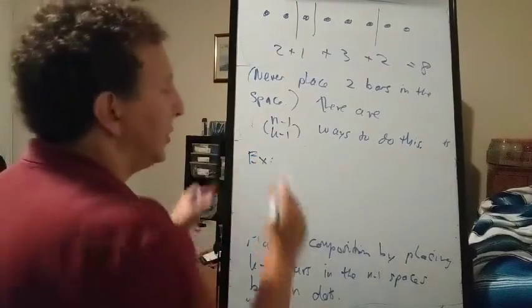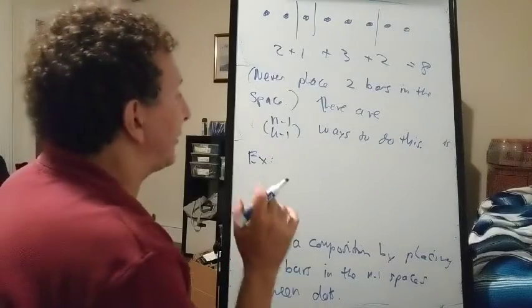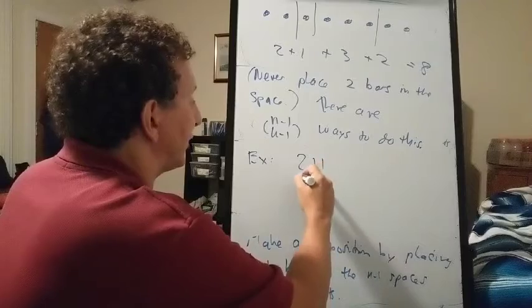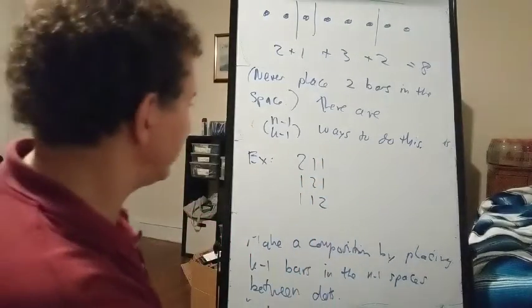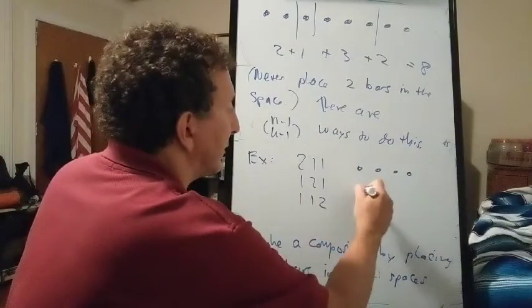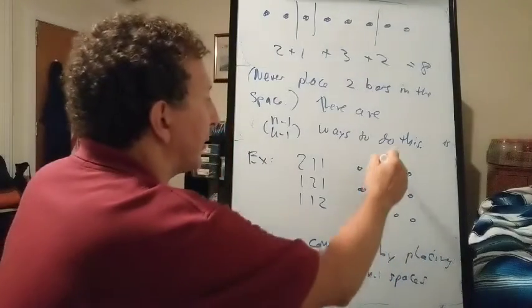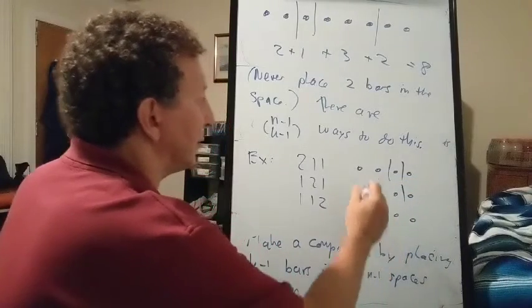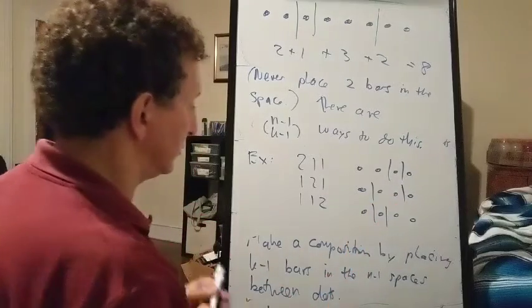So there's n minus 1 choose k minus 1 ways to do this. Now in the example, we were breaking 4 into 3 parts. So if we break 4 into 3 positive parts, the weak compositions that we still want are these. These are the only ones that didn't have any zeros in them. And this corresponds to writing 4 dots and putting bars here, or here, or here to make 2, 1, 1, 1, 2, 1, 1, 1, 2.